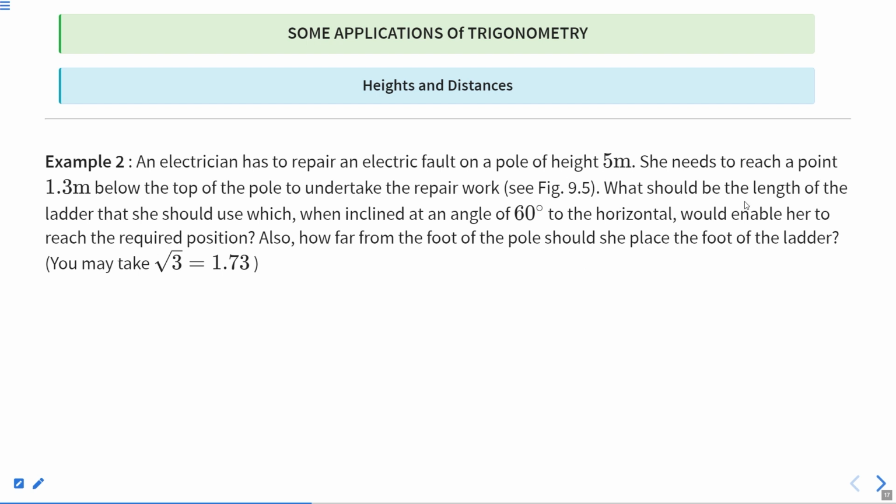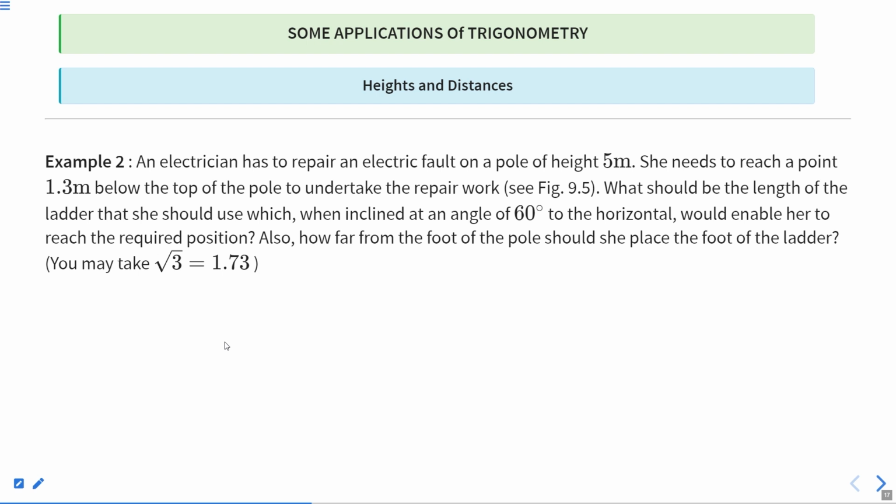What should be the length of the ladder that she should use, which when inclined at an angle of 60 degree to the horizontal would enable her to reach the required position? Also, how far from the foot of the pole should she place the foot of the ladder? Here you may take the value of root 3 as 1.73.